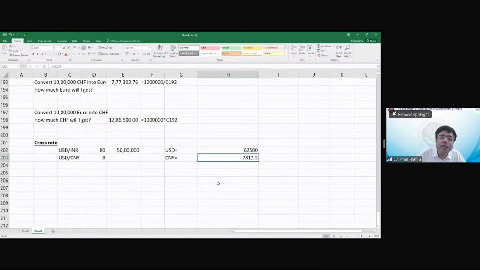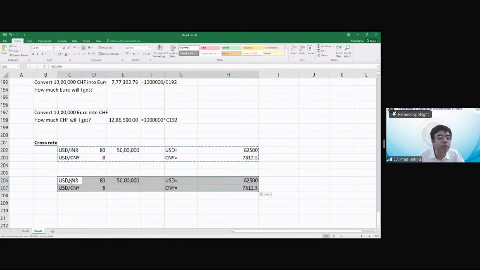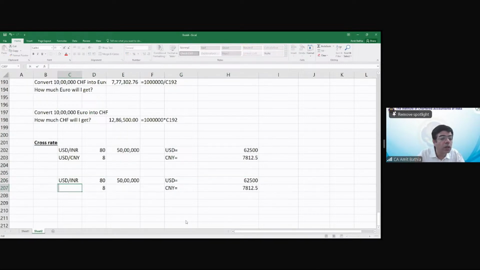So I get 7812.5. Say, for example, if we have the same example, we quote it slightly differently. Instead of USD to INR, a minute, what I did wrong was, this was basically INR.